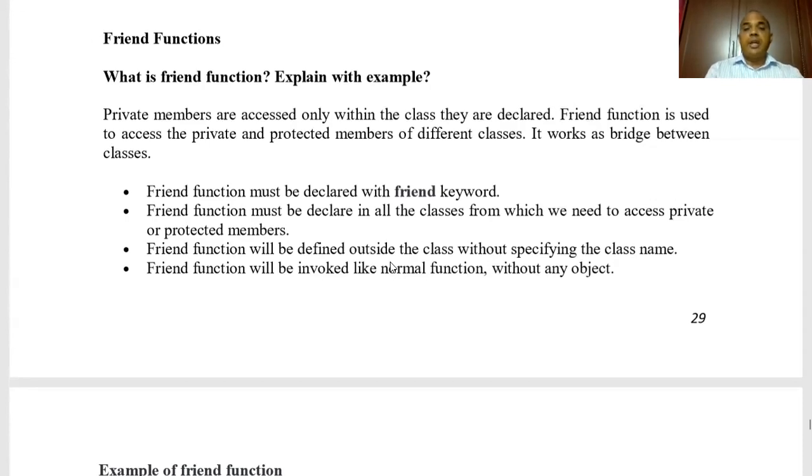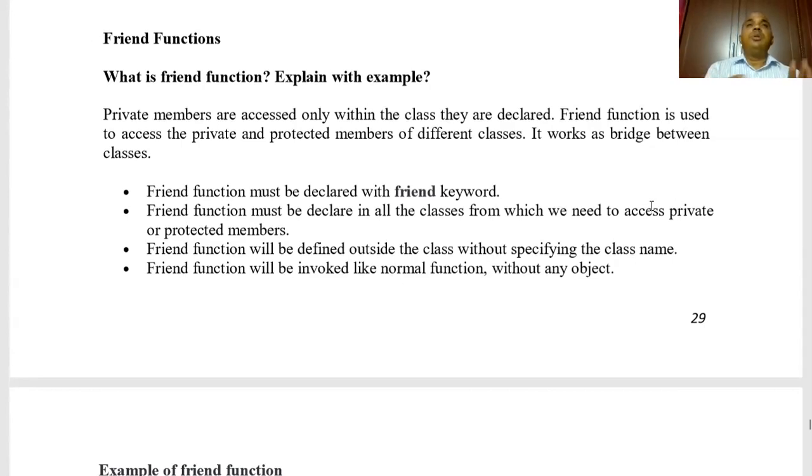Then friend function is used to access the private and protected members of different classes. It works as a bridge between classes. Clear, all of you? Here private and protected members we can use outside of the class.